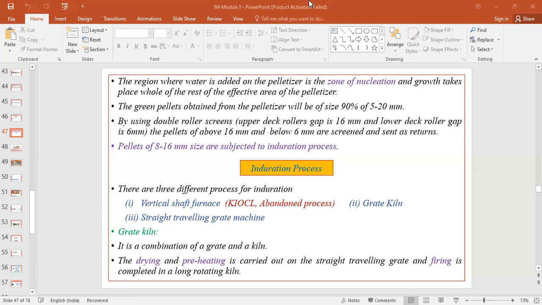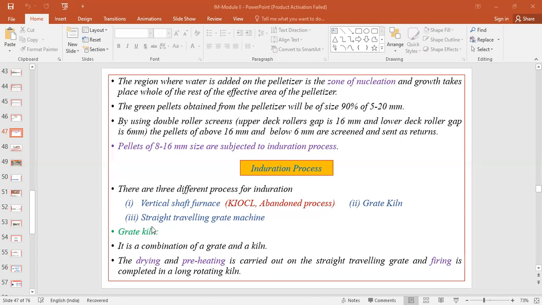So we will first discuss the Grate-kiln technology. In the name itself, it is clearly mentioned, you have a traveling grate followed by a kiln. So it is a two-stage process. On the traveling grate, the drying and preheating will take place, and in the kiln, the firing will take place.